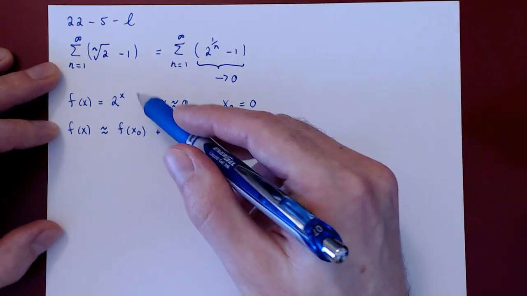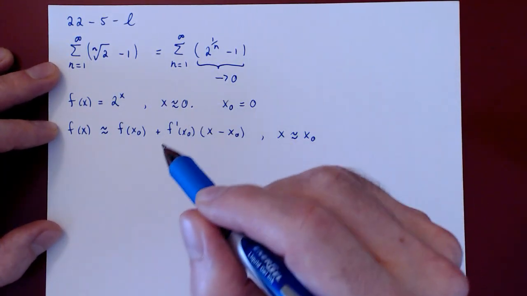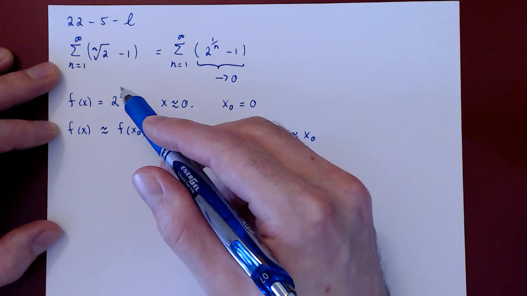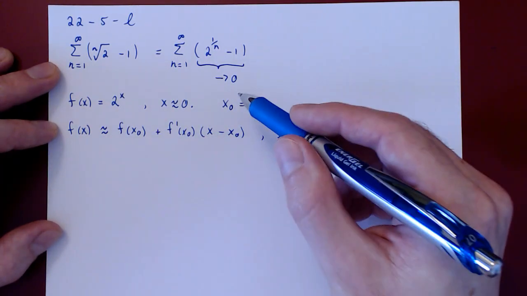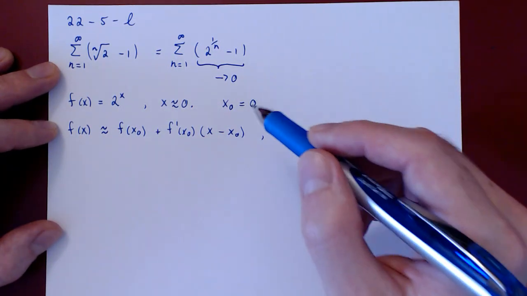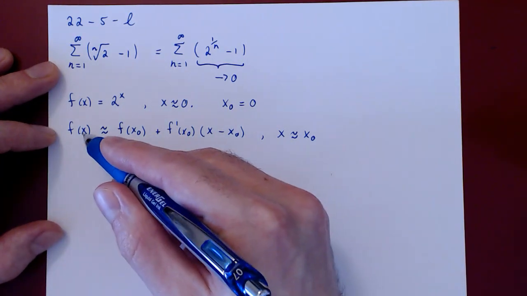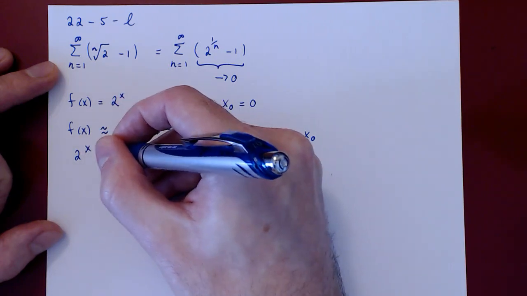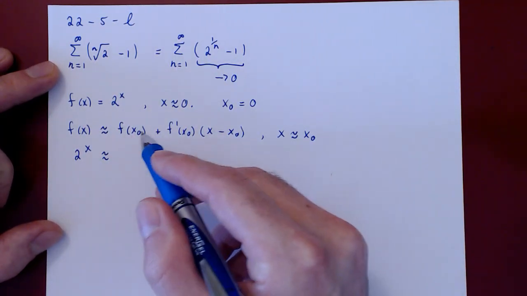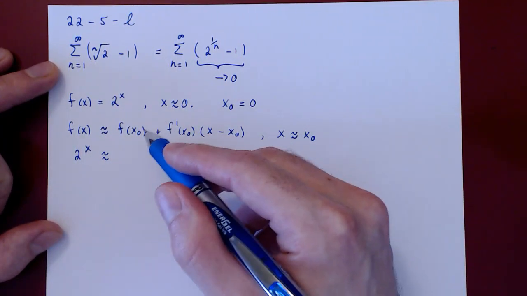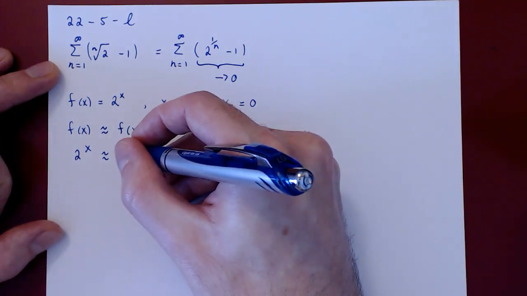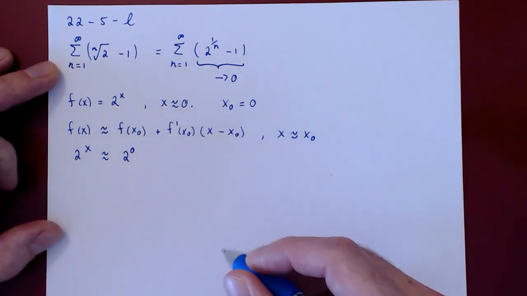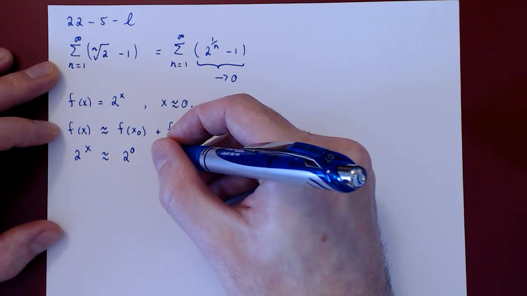Now, let's apply this to our example, where 2 to the x is our function and x0 equals 0 is the point of tangency. So we have that 2 to the x will be approximately f of x0, which is 2 to the 0, plus the derivative at x0.